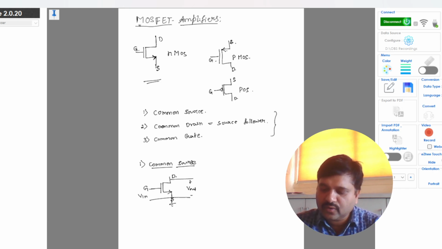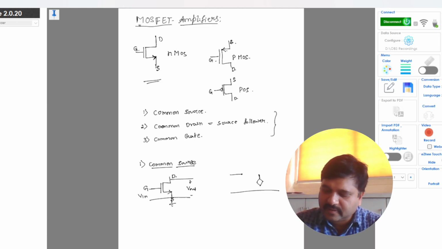We also represent this in a small signal model pertaining to a two-port network, representing that this MOSFET is basically a voltage controlled current source. That means the output current ID is controlled by the input voltage VGS.